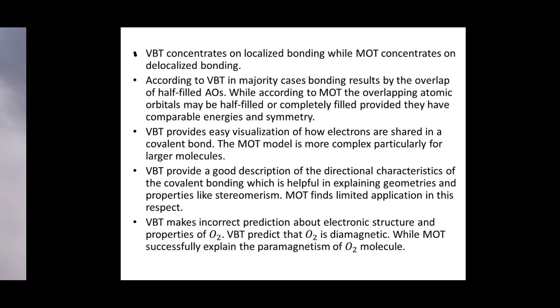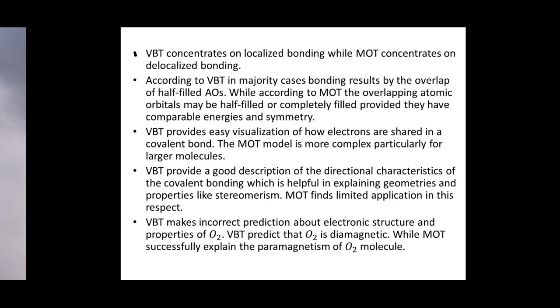But in the case of MOT, it doesn't say so. Instead, whatever the filling, whether it is fully filled, half-filled, or there is no electron, if the orbitals have sufficient energy and symmetry, they can combine to form a molecular orbital. So it is stated by MOT.